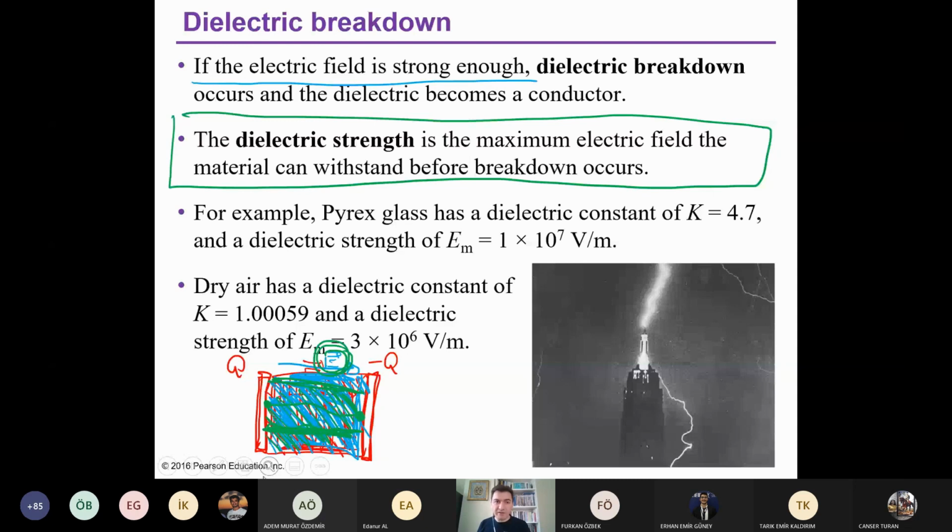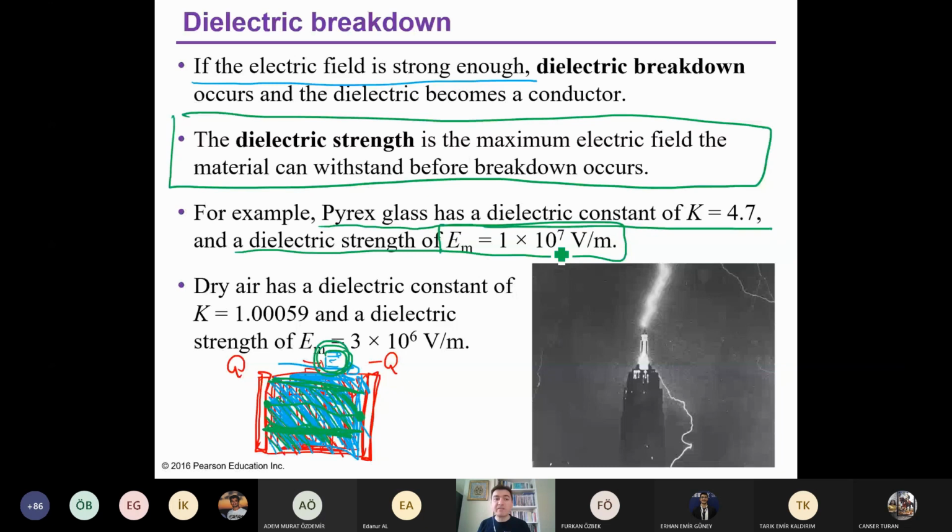For example, here we have Pyrex glass, which has a dielectric constant of 4.7 and a dielectric strength of this value. This is the maximum electric field Pyrex can withstand before breakdown occurs. This is 10 to 7 volt per meter. But if the electric field is stronger than this value, then the Pyrex will conduct electricity.